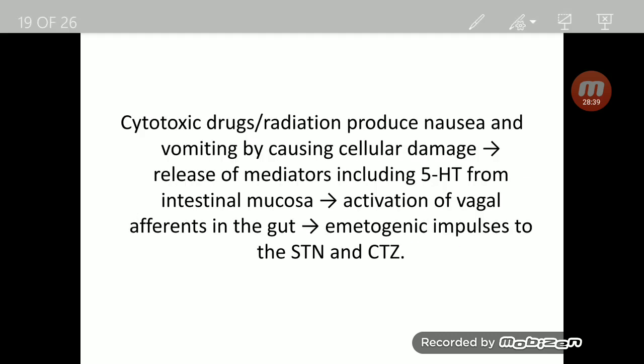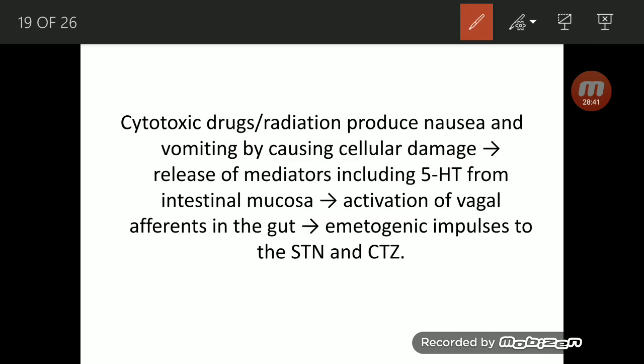Whenever you are being treated with cytotoxic drugs or radiation for cancer, they cause vomiting. This vomiting is caused because these drugs are toxic in nature, so they damage the cells present in the gastrointestinal tract.